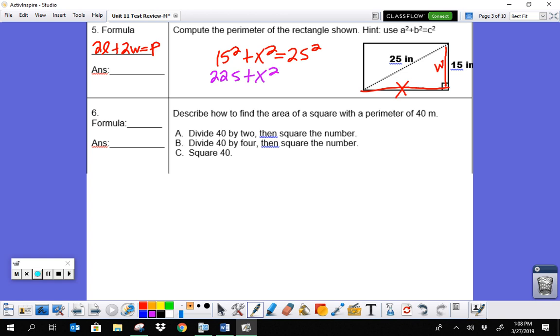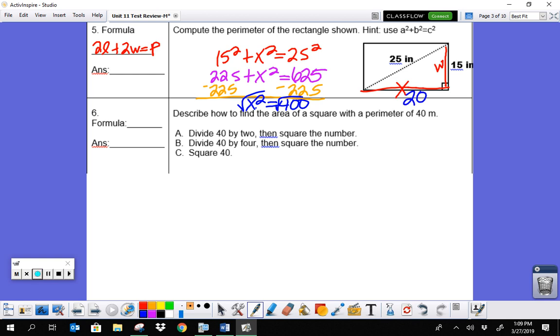Plus x squared equals 25 squared is 625. So here I'm going to subtract 225. So I have x squared equals 400. And if I want to remove that squared, I take the square root. And so this side is going to be 20.